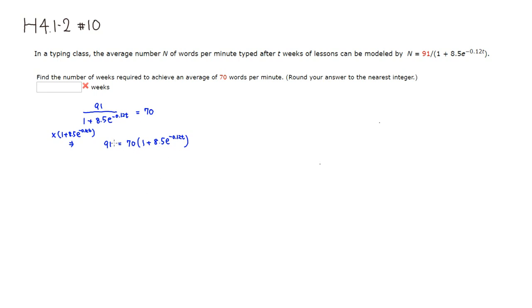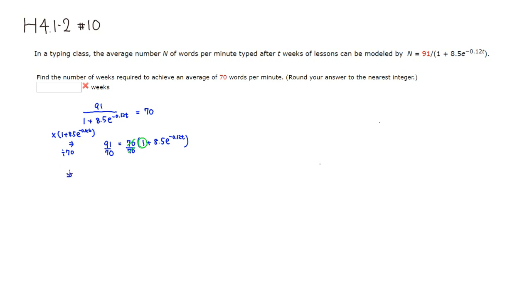We want to isolate t, so let's get rid of 70 first. I'm going to divide through by 70, so we can cancel 70 here and 70 there. Then I'm going to get rid of this 1 by subtracting 1 from both sides.